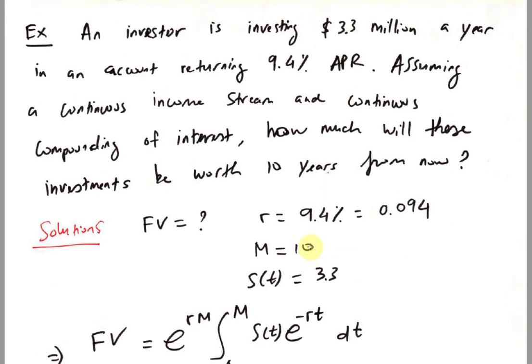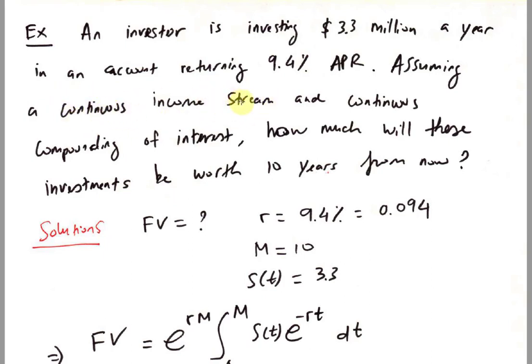Okay, let's have one example to talk about that. We have an investor, and this person is investing 3.3 million a year in an account returning 9.4% APR. Assuming a continuous income stream, this is the keyword, continuous income stream.